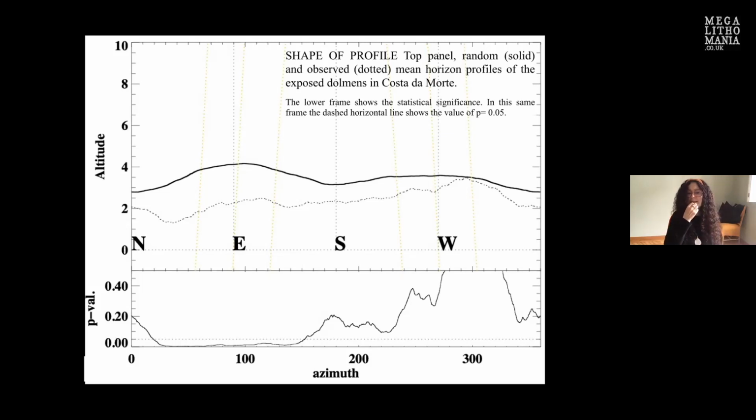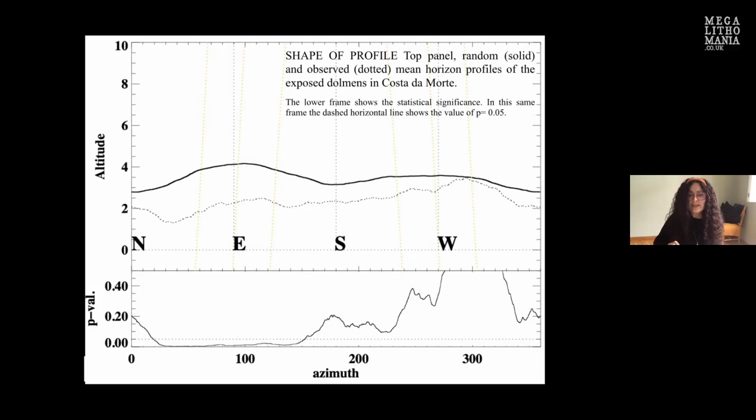The horizons are definitely higher in the east than the west. And now let's look at the dashed line underneath. This is the average horizons chosen for the dolmens. And it's the reverse. Eastern horizons are lower. Western horizons, on average, seem to be higher.